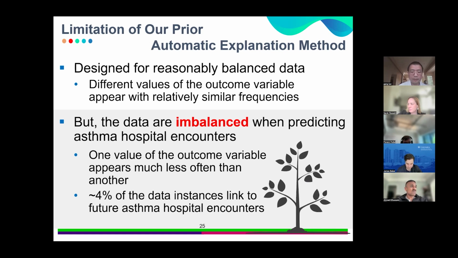The yes value, the bad outcome, appear much less frequently than the no value, means good outcome or no hospital encounter next year. So among all asthma patients, only about 4% of them will have asthma hospital encounters next year. So the yes value is no more than 4%, and no value is 96%. So the data are indeed very imbalanced.